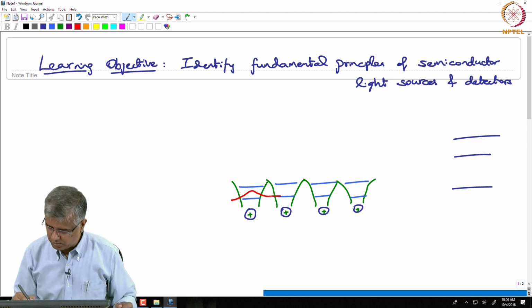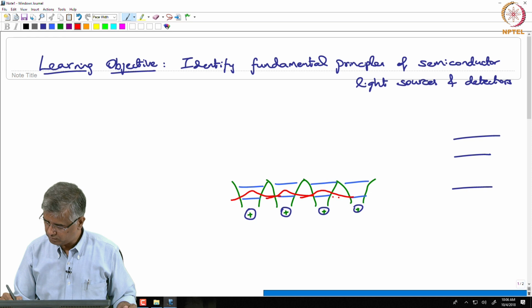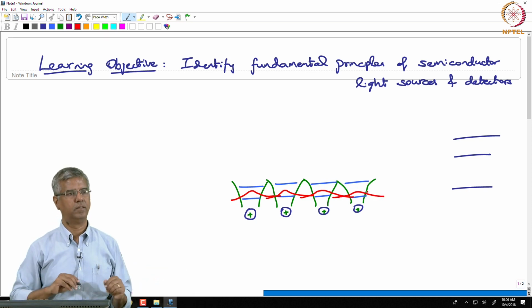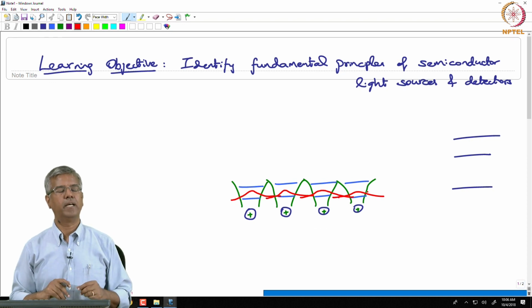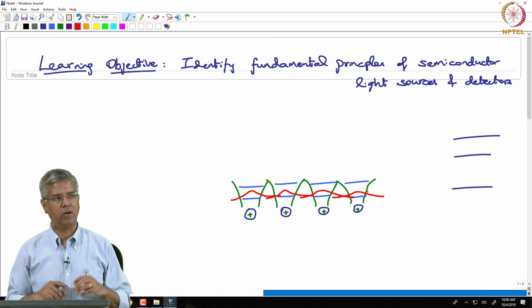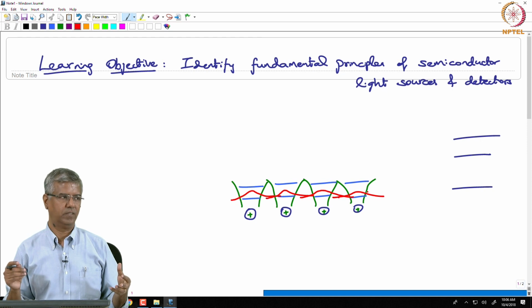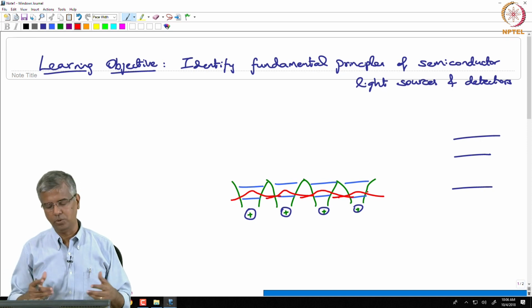So all these wave functions are going to have tails that extend to these nearby potential wells. In other words, all these potential wells, all these atoms, are coupled with respect to each other.